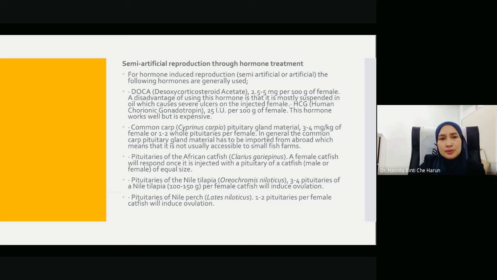Another method is semi-artificial reproduction, but this time they use hormone treatment. The type of hormone generally used is DOCA, given to the fish at a certain dosage.